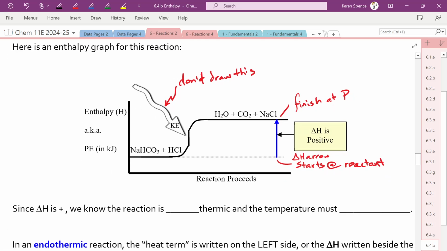Are we entering the art gallery or exiting the art gallery? We are entering the art gallery, so we know the reaction is endothermic. And if we have an endothermic reaction, temperature is decreasing.